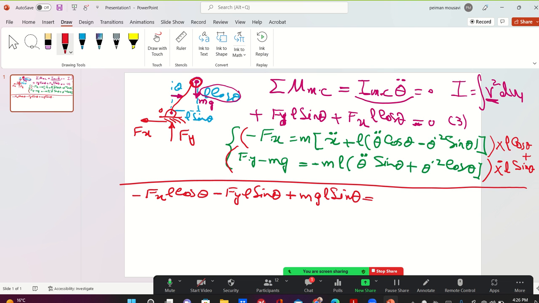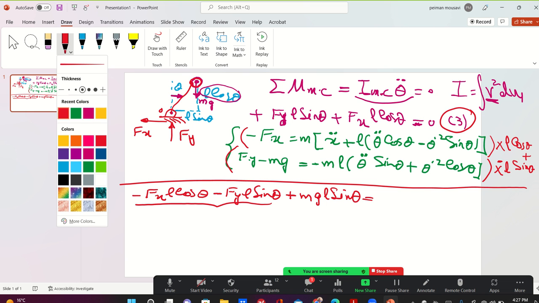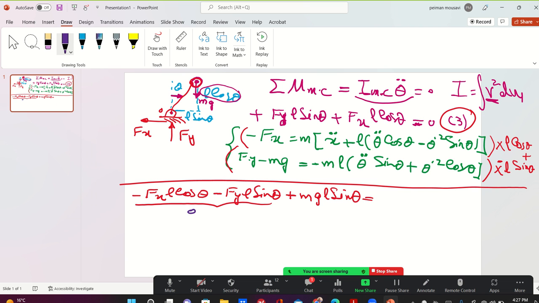This is the left hand side. Guys, how much is this, for God's sake? Look at equation 3. How much is that? Exactly, it is 0. Now the right hand side. You're going to have m factored out everywhere. So x double dot L cosine theta, the upper line here.